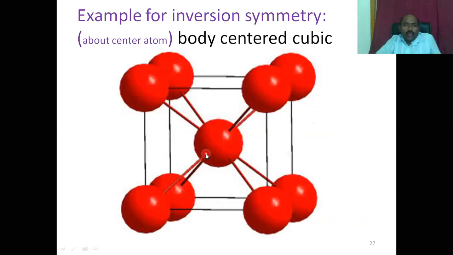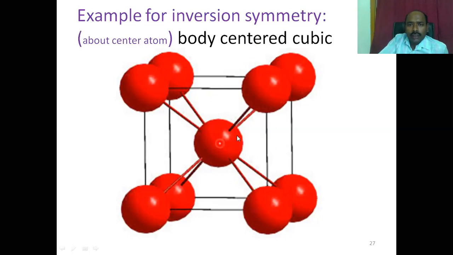So here I have considered a body-centered cubic crystal or cell. To understand the inversion concept about this center point, it is the inversion center we can say, or point symmetry.